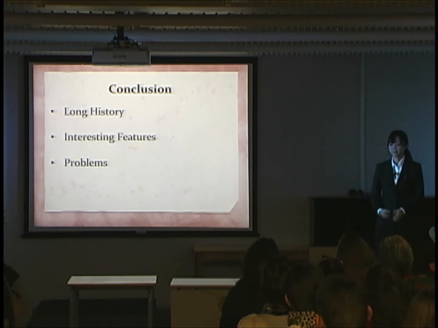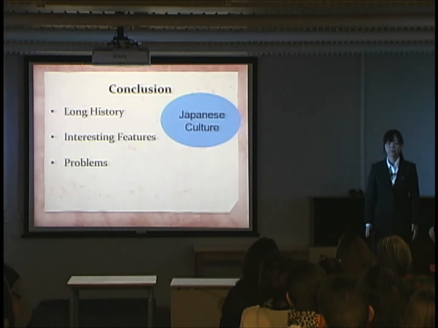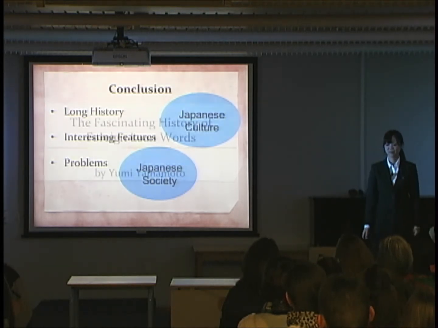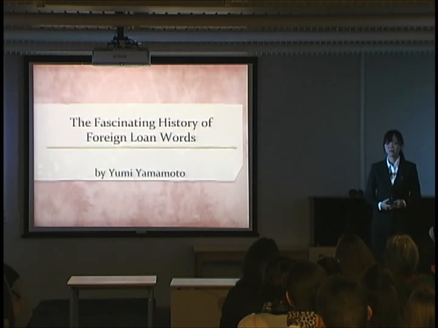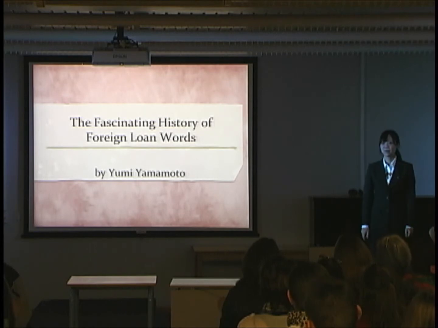So I think from the Japanese language, we can learn not only the Japanese language system, but also Japanese culture and Japanese society. I hope you got enough basic information about the Japanese language. Now, Yumi will explain the history of foreign loanwords.